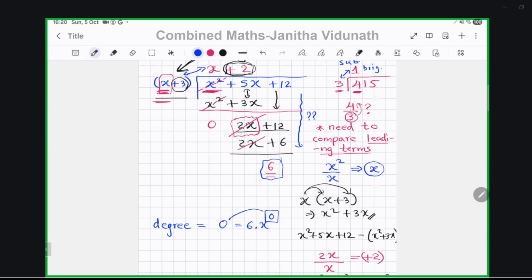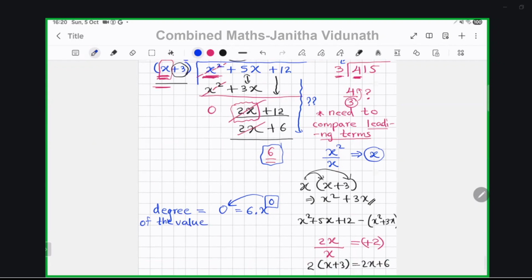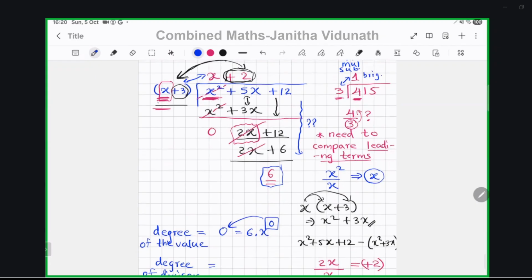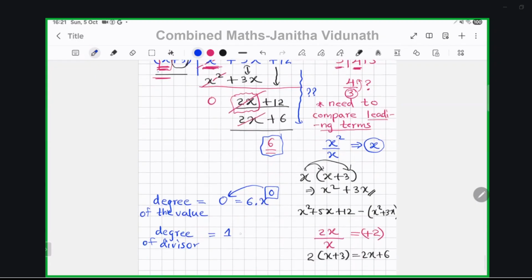That is the reason the degree becomes 0. Here, what is the degree of our divisor? The degree of the divisor is 1. That means the leading term is x, that means x to the power 1. The power is the degree.